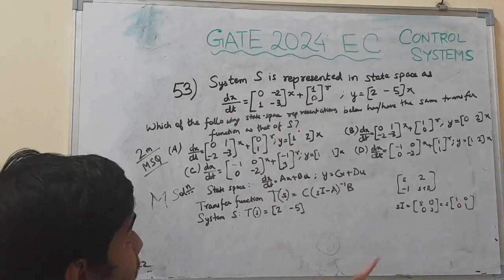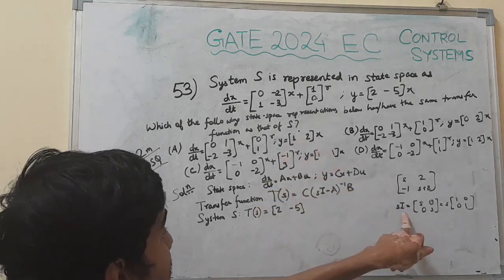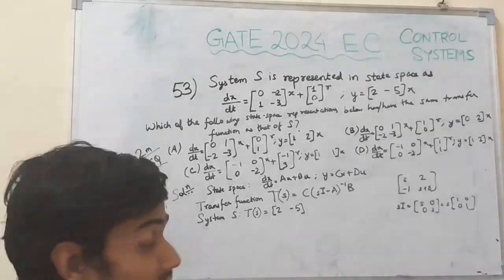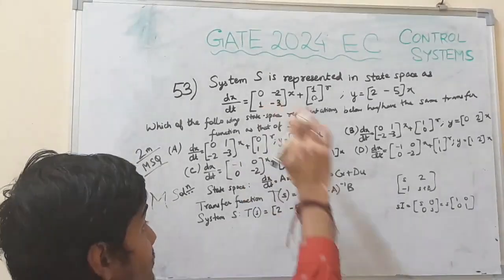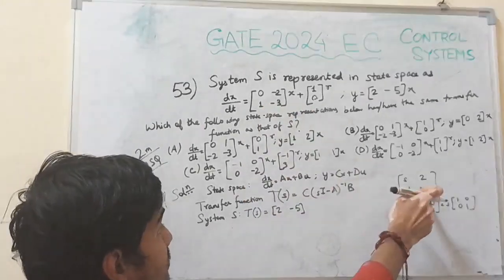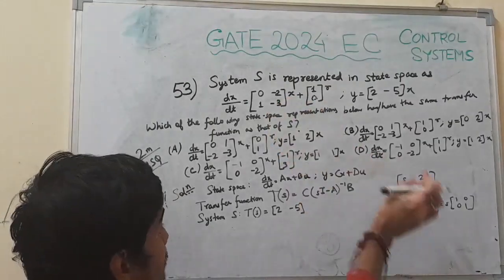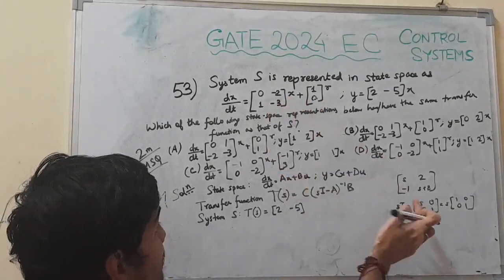So basically, you have to multiply the identity matrix with s and subtract A, the system matrix, from that matrix.